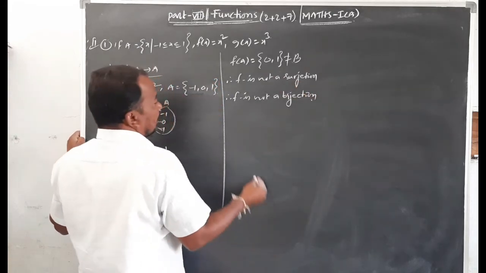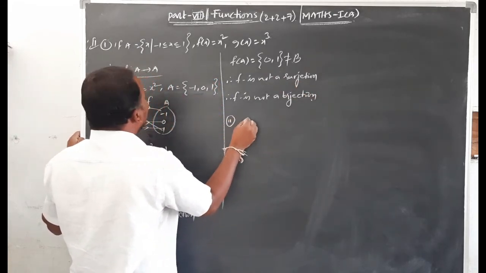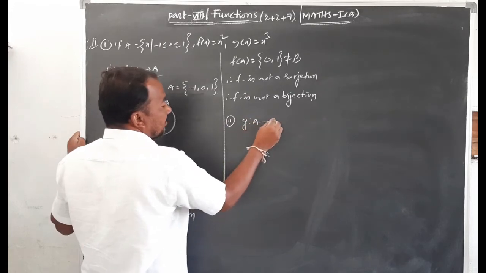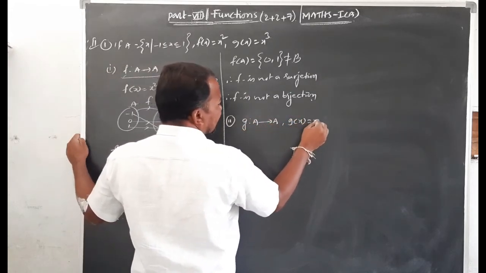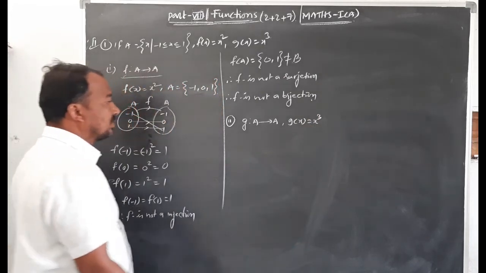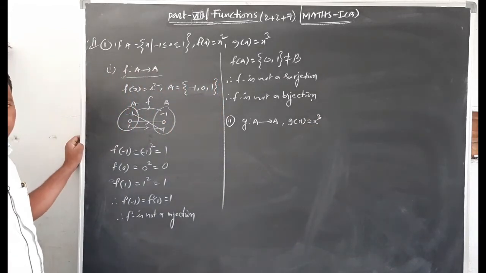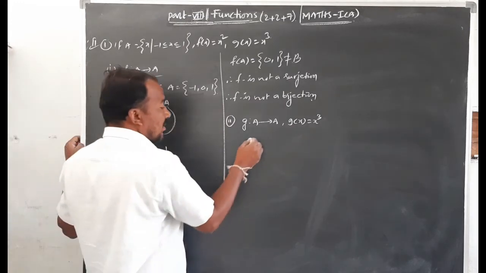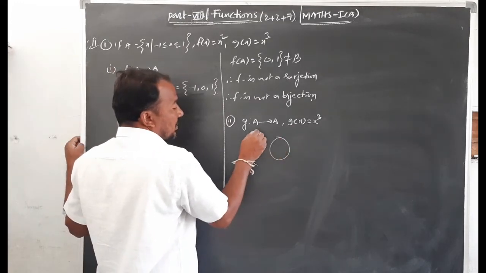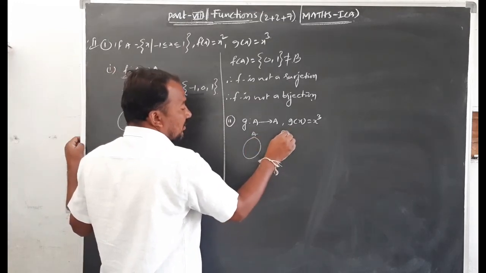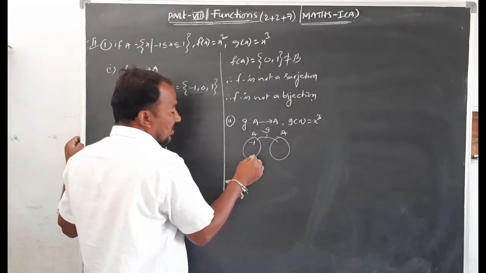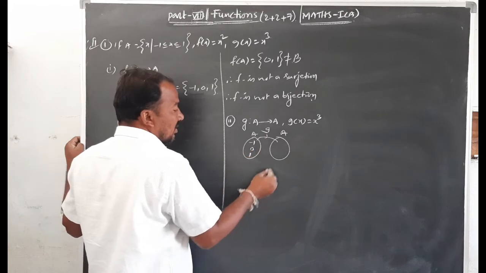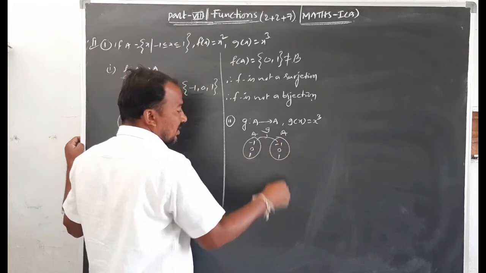Second one, g from A to A, g of x equals x cube. Take the diagram A to A, the relation between g: minus 1, 0, 1 and minus 1, 0, 1.